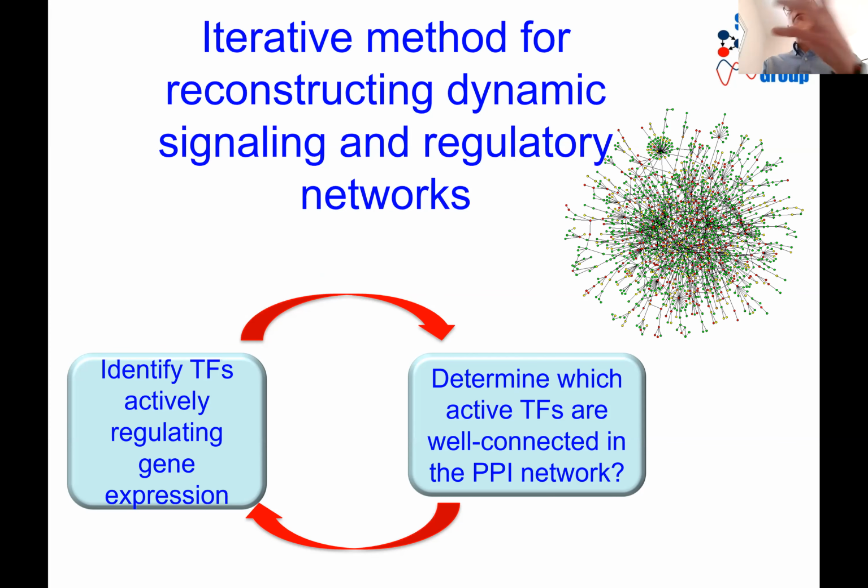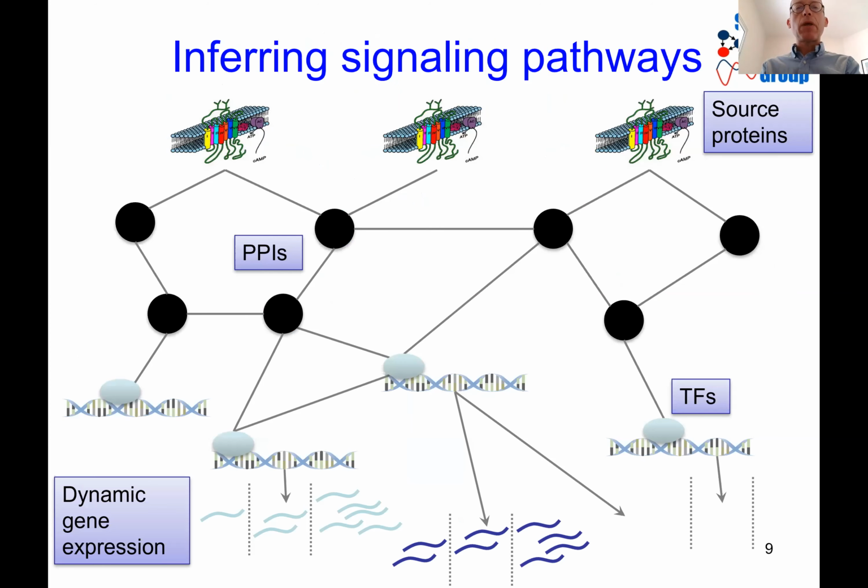And to do that, we iterate on two different methods. One identifies the transcription factors that activate genes, as I showed before, and the other tries to link these transcription factors to the sources, to the viral proteins that are activating them. And this is the basic idea. We have a set of viral proteins interacting with receptors. These go through several protein-protein interactions within the cell, finally reaching a transcription factor which activates the genes that we see.